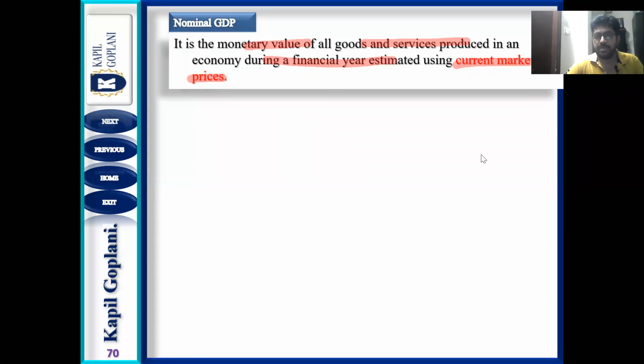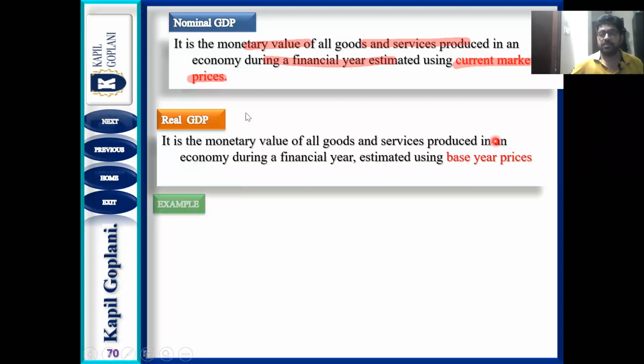After nominal GDP, let us understand the real GDP. Real GDP is that GDP which you calculate on the basis of what? Not on the basis of current year prices, but on the basis of base year price. Now, if you remember, in 11th you must have studied index numbers. In index numbers, you have heard about the current year as well as the base year.